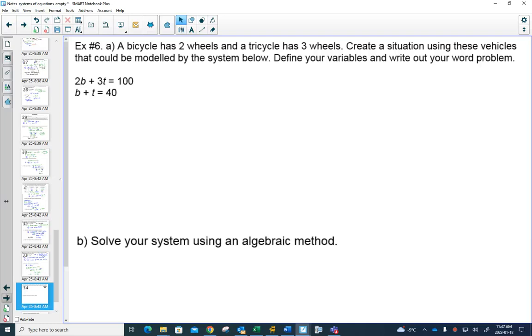All right, here's one for you to try. Can you define the variables and write out your word problem for this question?